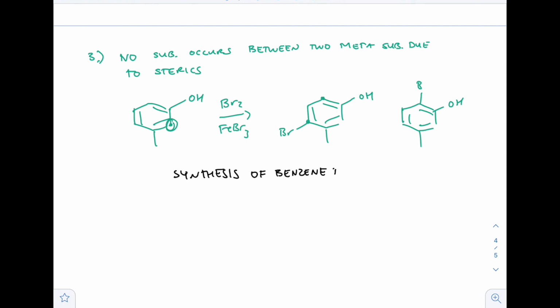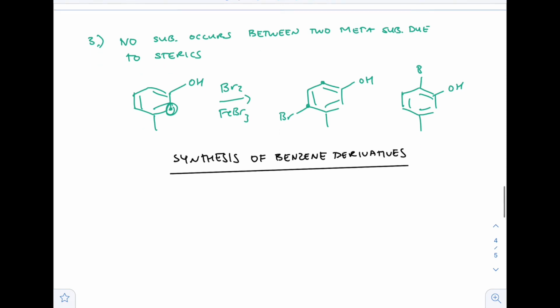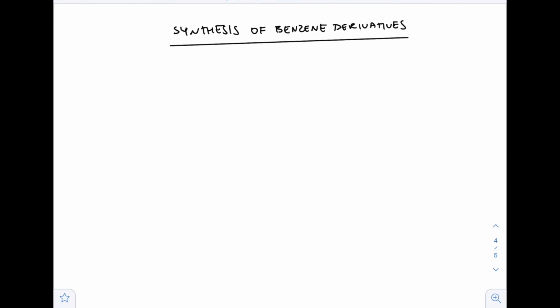Now, what we want to do is basically synthesize some benzene derivatives. And this is more or less like a puzzle because, as I mentioned before, if you wanted to make a benzene ring with a methyl group on it as well as an acyl group, you have to be selective on the order, right? And so that's really what this portion is all about.